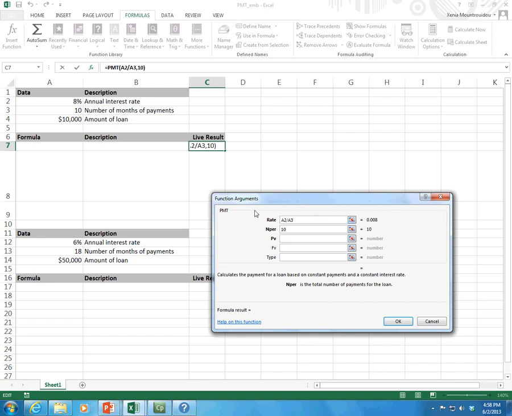So 10 years, but then I need to multiply this by the number of payments per year. So 10 years I'll be paying 10 times per year, and what I need to pay off is the loan amount.